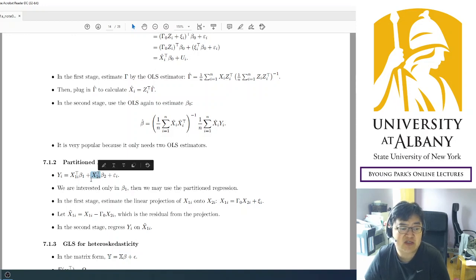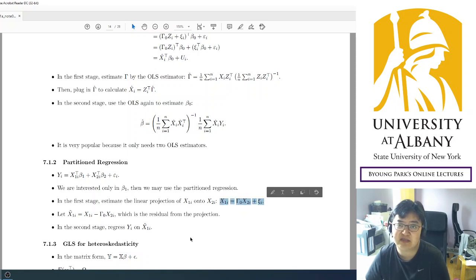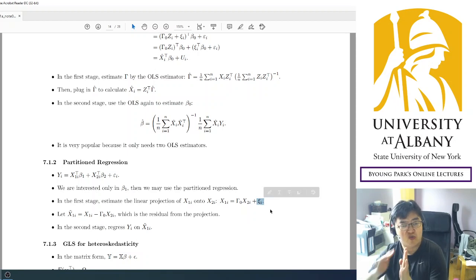To include x2 in that analysis, you first have to regress x1, the regressor of your interest, on x2, the regressors that you are not interested in, and you take the residual because you want to remove x2 from the equation.